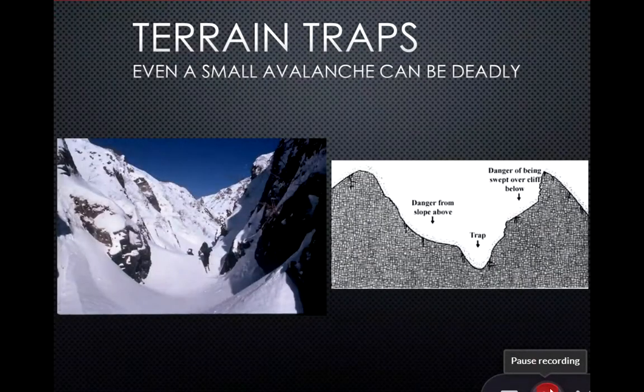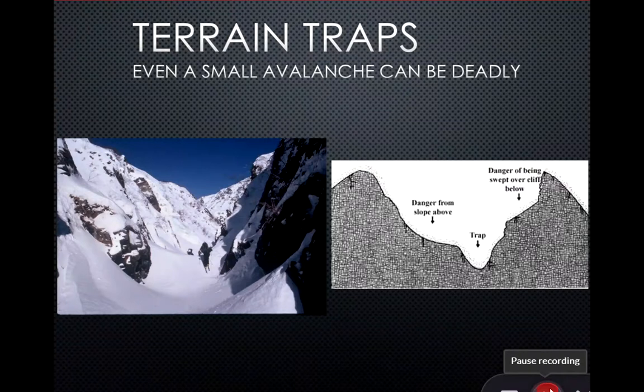So the last thing as far as terrain goes that I'm going to talk about are terrain traps. These are areas where the consequence of having an avalanche can be extremely large. And so these would be things like a gully, where even a small avalanche might bury you 8 feet deep, whereas if it was a run-out type slope with a good run-out, you might not get buried at all in that small avalanche that's possible that day.